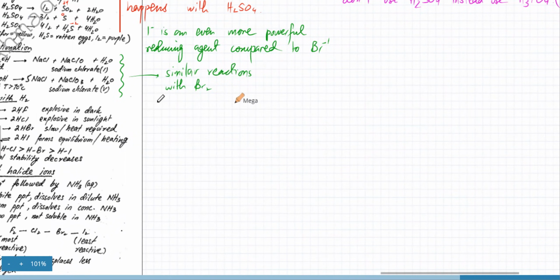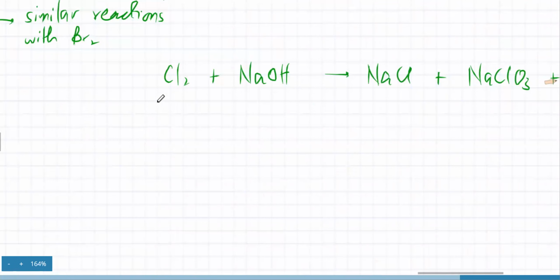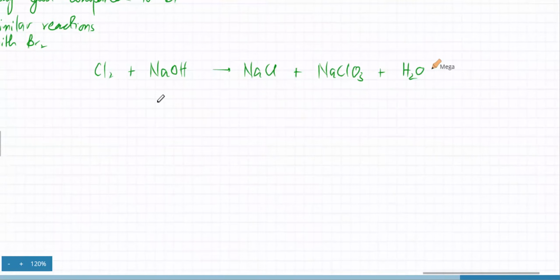Now remember redox equations, how are they balanced? So for example, you have Cl2 reacting with NaOH, and it's forming NaCl plus NaClO3 plus H2O. So how do you actually balance these equations?